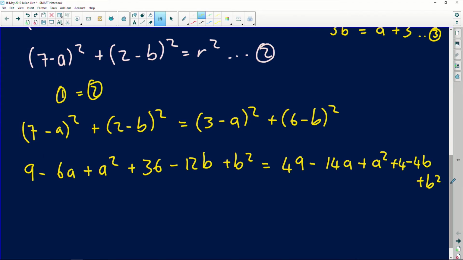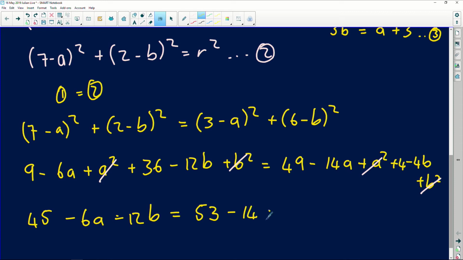Okay, guys, from this point, we can see that b squared and b squared is going to cancel, a squared and a squared is going to cancel, and we're going to be left with 45 minus 6a minus 12b, and that's going to be equal to 53 minus 14a minus 4b.